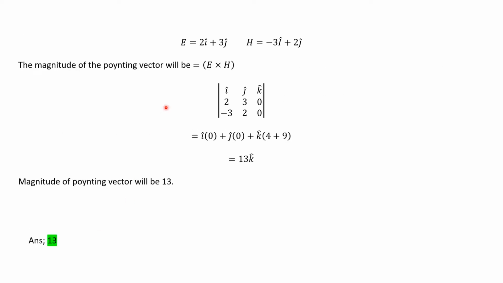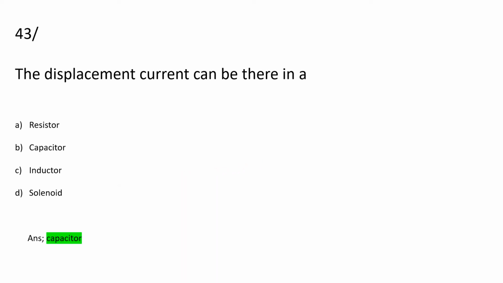We have to find the Poynting vector. We know that the equation is E cross H. By putting all these values and solving, we find it as 13k. So the magnitude will be 13.